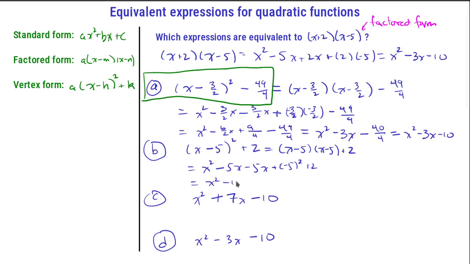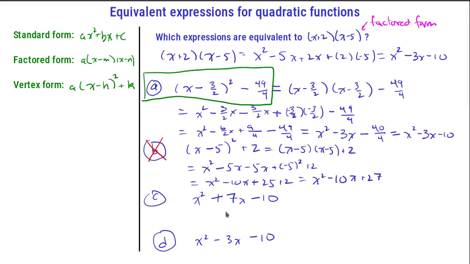So x squared minus 10x. And already this minus 10x doesn't match the 3x, so we know this isn't the right answer, but let's simplify the rest for practice. Negative 5 squared is 25, plus 2. So in standard form that's x squared minus 10x plus 27. That is not a match. B is not a match. Let's try the next one.